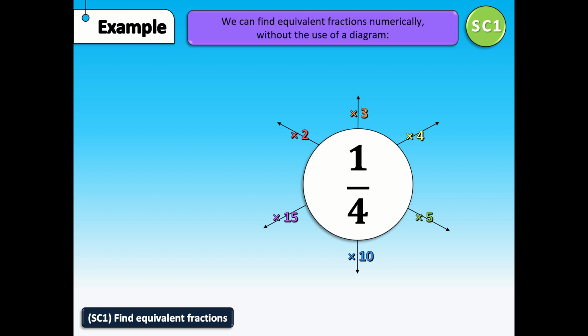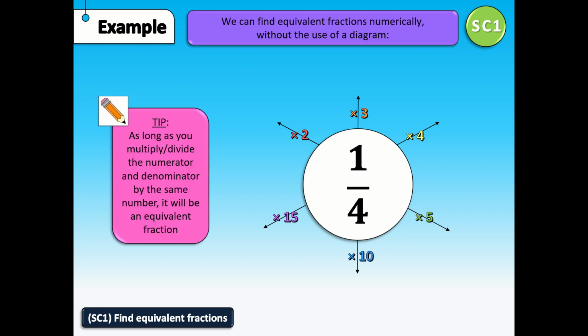We can find equivalent fractions numerically, so without using a diagram, as long as we times the top and the bottom number by the same number. So 1/4, if you times the top and the bottom by 2, would be 2/8.